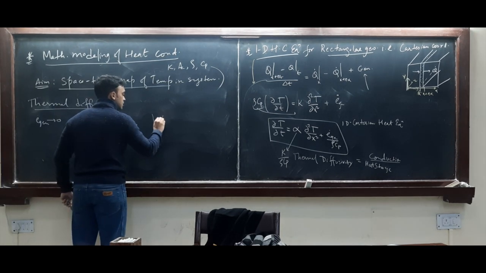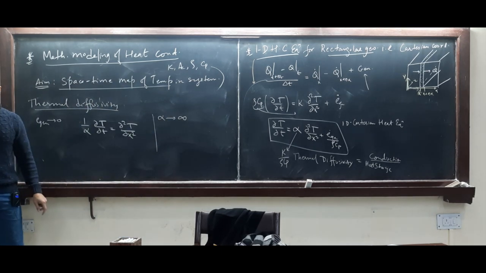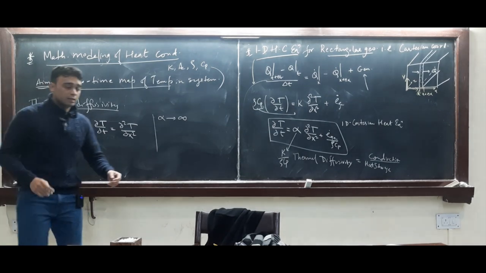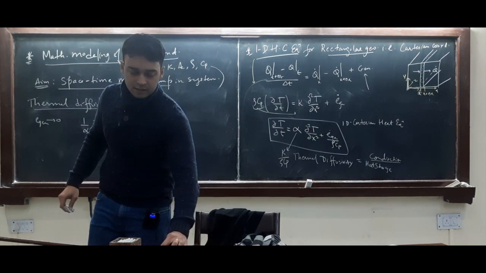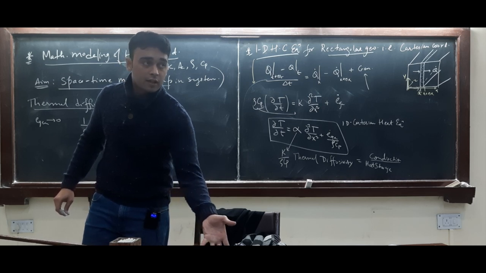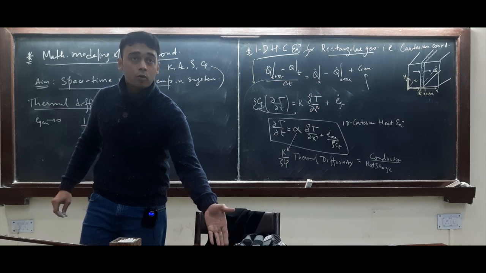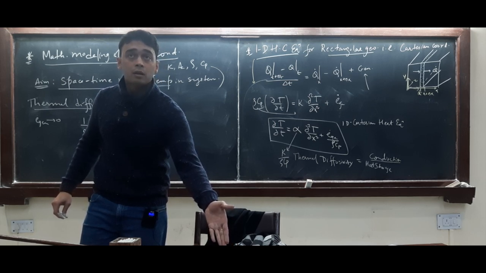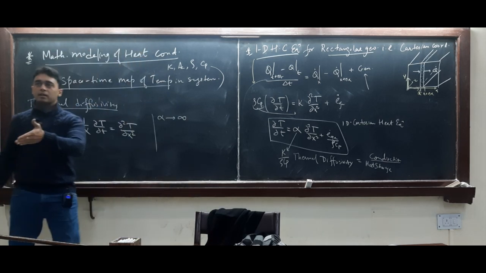Now take the limits. If alpha tends to infinity, meaning you have a rod, as you said, you give the heat here. Let's say this yellow color is at time instant t equal to 0. You gave a heat or a sudden rise in temperature. If alpha is infinity, what will happen? It will instantly travel.